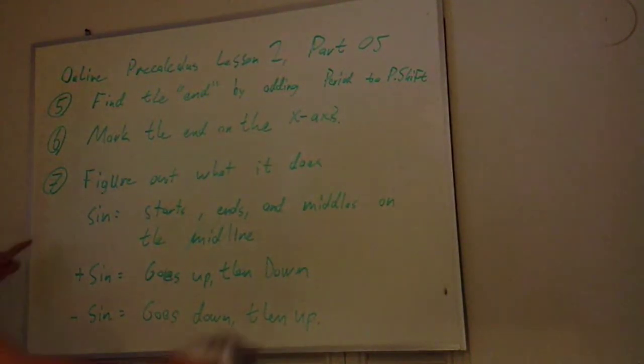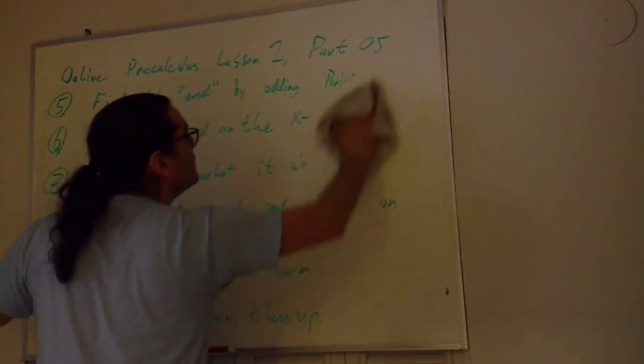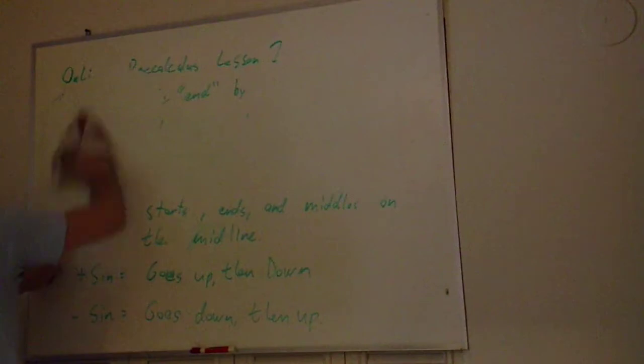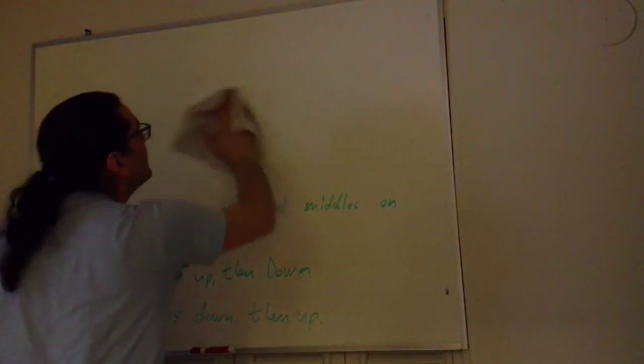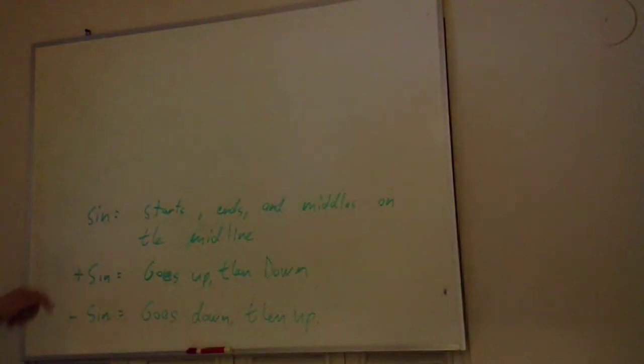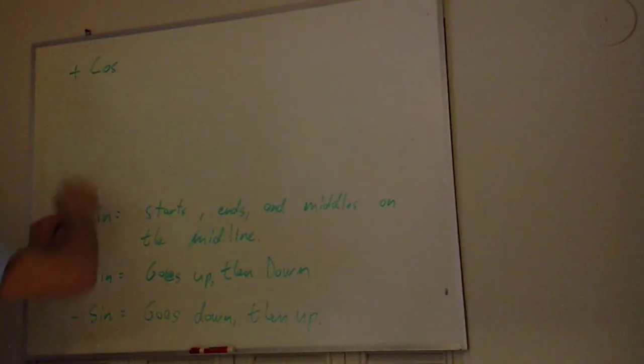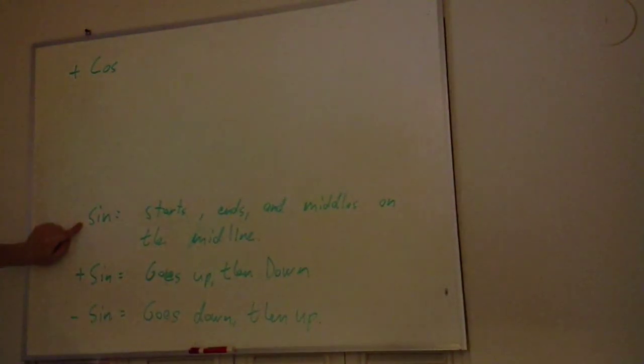Need to erase some more. Cosine doesn't really have the neutral thing.